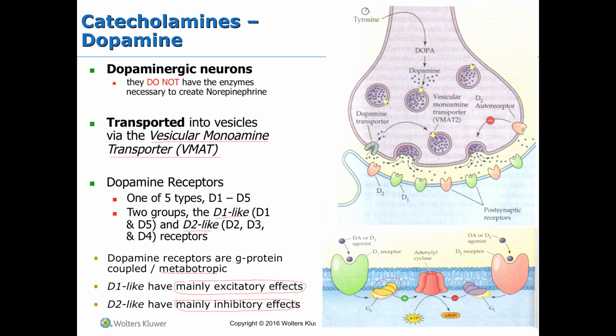So here you have tyrosine, tyrosine to L-DOPA, this being through tyrosine hydroxylase, your rate-limiting enzyme and your rate-limiting step, DOPA to dopamine. Dopamine will be packaged into vesicles through VMAT. Through the process of exocytosis, you'll have vesicular fusion occur, dopamine will be released, allowing it to interact with numerous different receptor subtypes to either have an excitatory or an inhibitory effect, depending on the type of receptor that it binds to.